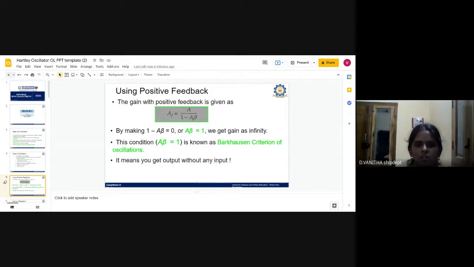So here, 1 minus A beta is equal to 0, or A beta is equal to 1, so that we get the gain equal to infinity. This condition is known as the Barkhausen criterion of oscillations. By using this condition, we come to the conclusion that you may get output without any input.